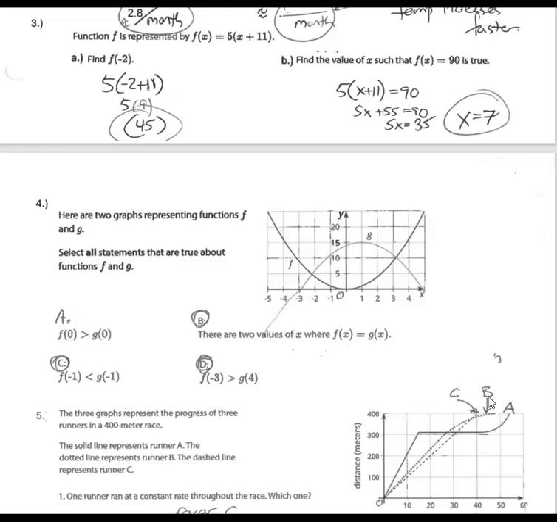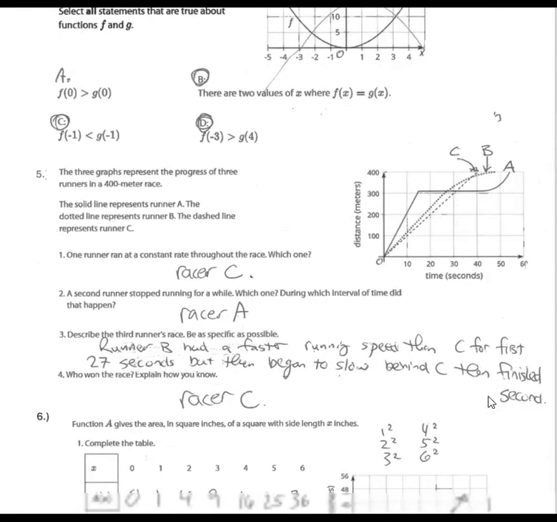So when you look at F of -3, F of -3 is about 9-ish, I would say. And then G of 4 is about 6-ish. So yes, 9 is greater than 6. Got to be careful there because they have different inputs.